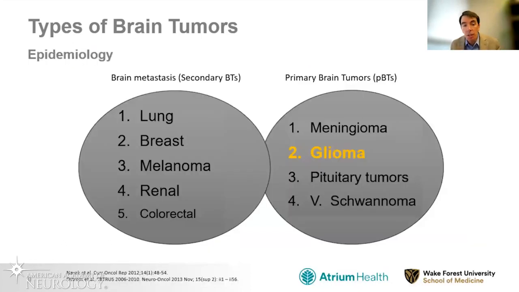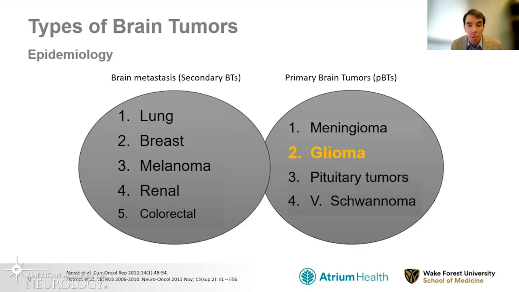And then the last way I want you to think about the types of brain tumors is by their frequency. These 2 circles here give a pictorial description of the relative frequency of different brain tumors. Half of the tumors that occur in the brain are not primary brain tumors, but secondary brain metastasis. And of those, lung, breast, melanoma, and renal cell carcinoma are the ones you need to remember.